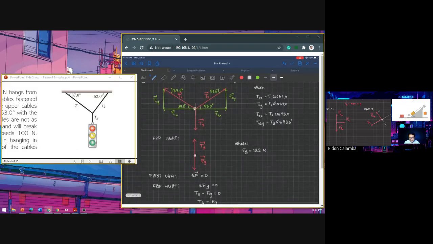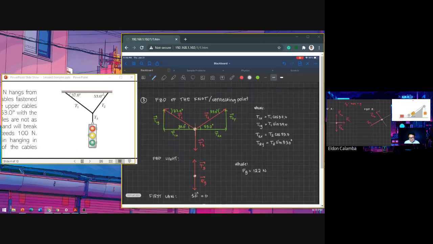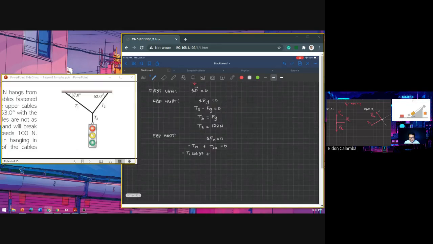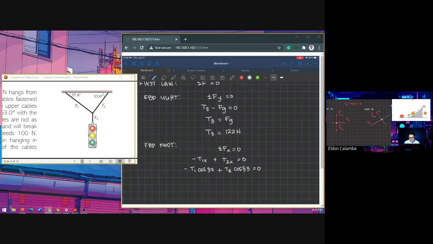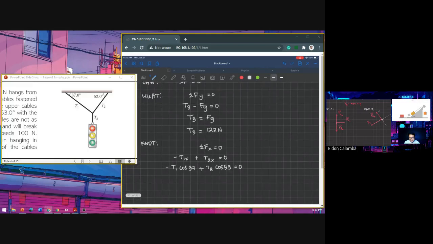Ang T2 natin, this is T2 cos 53 equal to 0. Now, see, dalawang unknown, T1 and T2. So, dalawang unknown, hindi mo yan siya masosolve in one equation. And hindi mo masasubstitute yan si T3 dyan papunta sa equation na yan. Kasi walang T3. So, you leave that hanging muna. Let that be equation number 1.